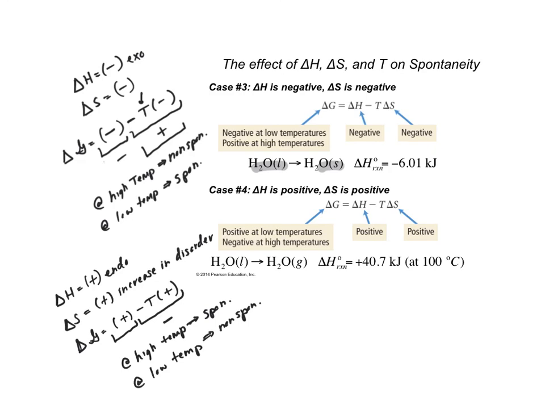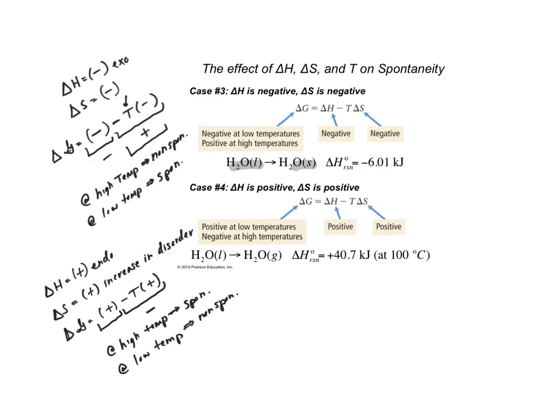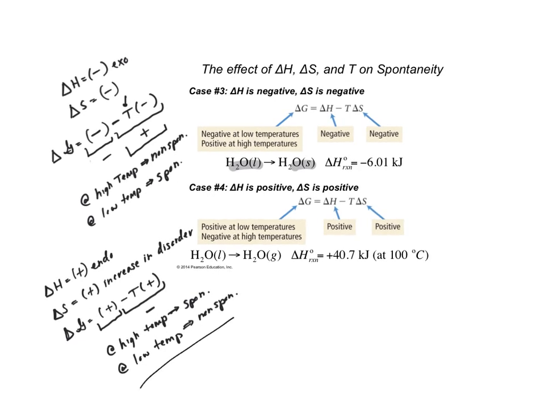Okay, so for these two cases, spontaneity depends on temperature, right? You may be asked at some point, if we had, let's say, case number 4, for example, at what temperature does this reaction go from being spontaneous to non-spontaneous?